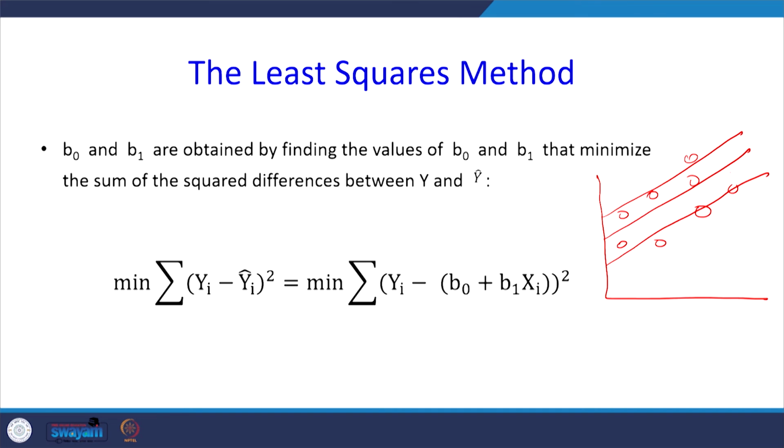For each regression line, we have to find the error, square the error, and then sum the errors. For example, for the first one, the sum of the squared error is 25. For the second one, say 20. For the third one, say 30. So, we can say the second one, the middle line, is the best equation, because it has minimized the sum of the squares of the error. That is the concept of the least squares method.